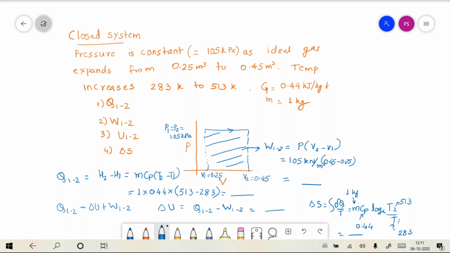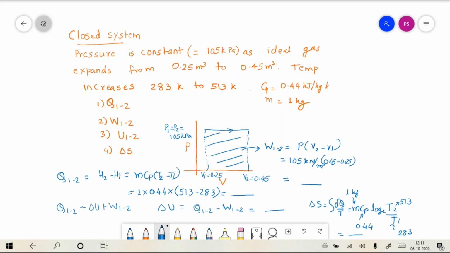Then there is a reversible adiabatic process, where the heat transfer is zero and the entropy also remains constant. We would be applying the first law of thermodynamics, finding out the expressions for work transfer, heat transfer, change in internal energy, and change in entropy for all such cases.